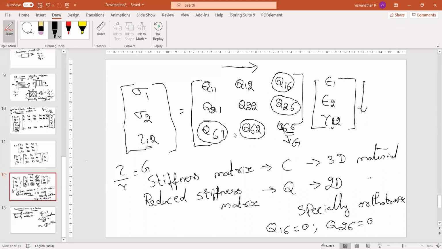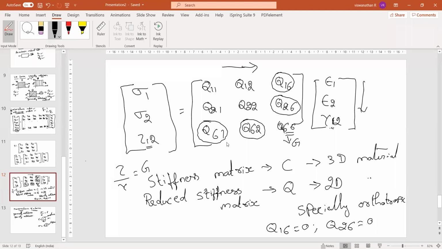Stiffness. What stiffness? It is the reduced stiffness matrix. When you write it for a 2D lamina, it is the reduced stiffness matrix. If you are writing for a 3D material, it is the stiffness matrix. Why the letter Q here? Because it is the reduced stiffness matrix. If it's 3D, three-dimensional, it will be C.